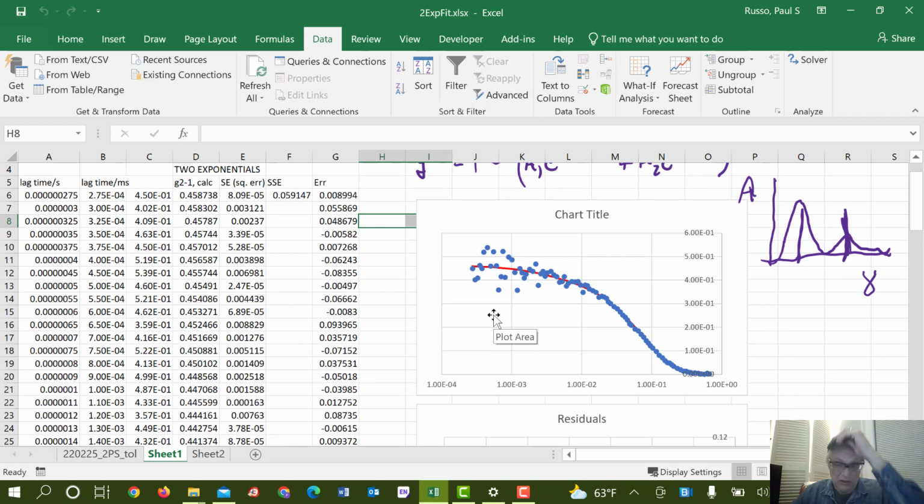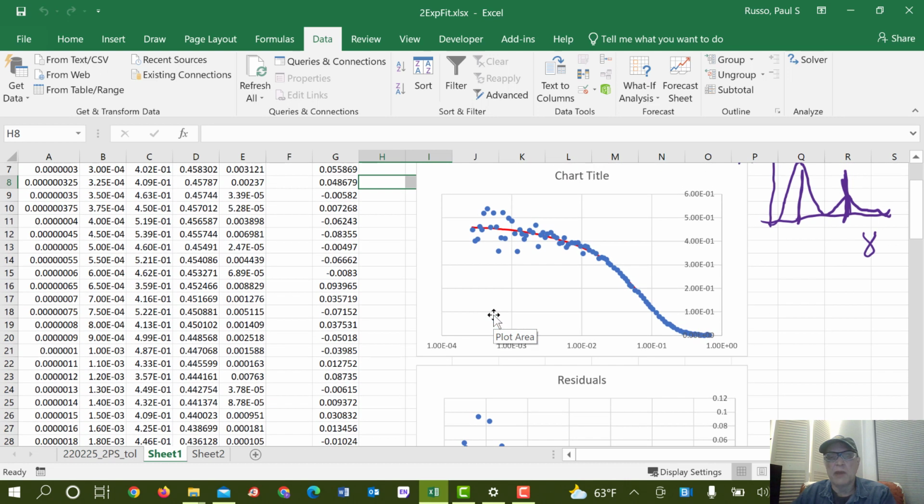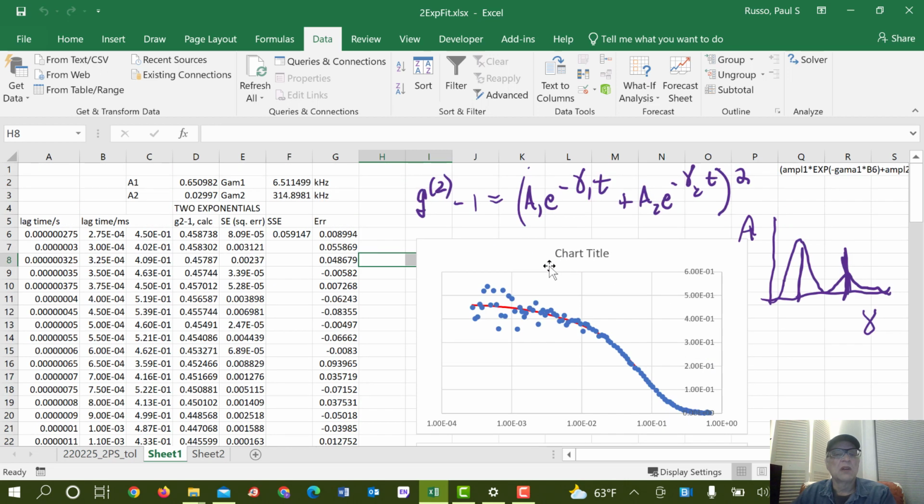And the reason is that you have more photons per coherence area per correlation time, at long correlation times. So that makes sense to me anyway. And the residual plot looks better because there's none of that ringing going on. And that's probably because this is a better detector.